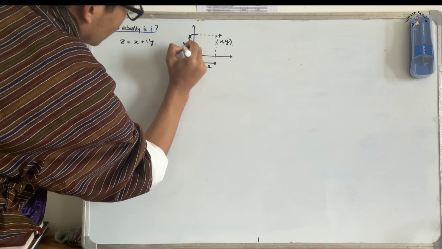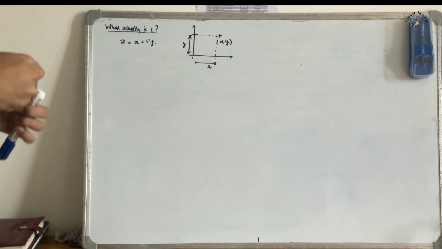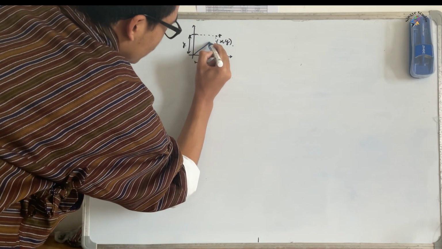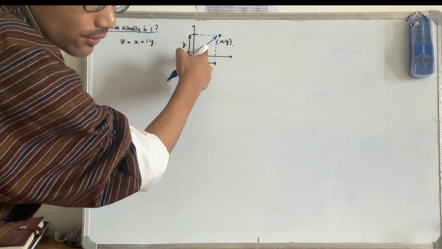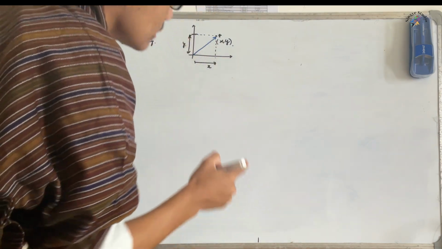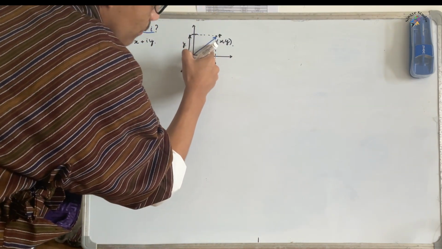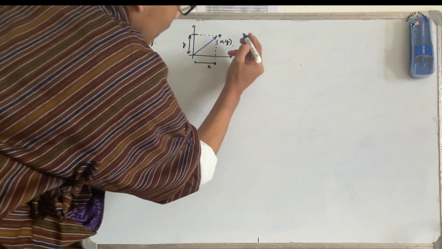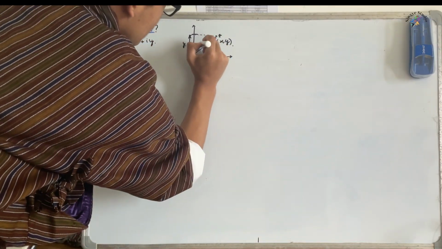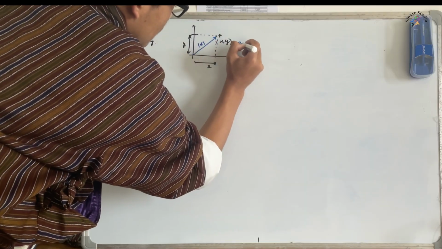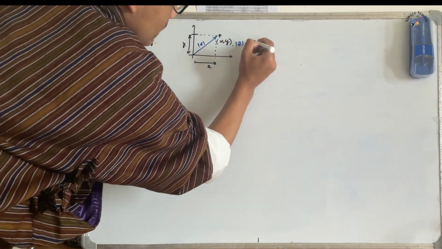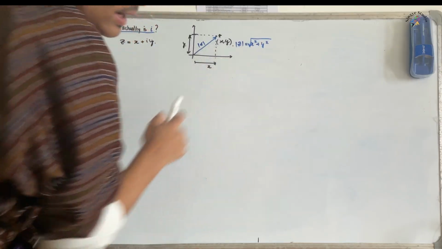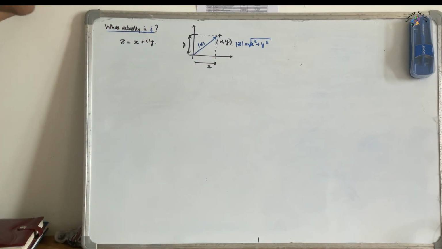If you want to find the hypotenuse of the triangle, you draw a line here, and to find the length of this vector using the Pythagorean theorem, the modulus of z is the square root of x squared plus y squared. So this is the Pythagorean theorem.